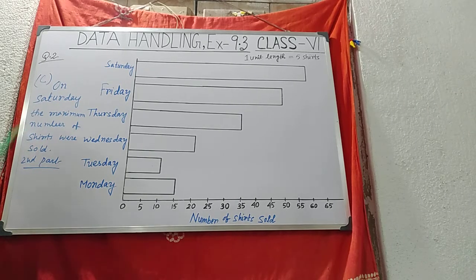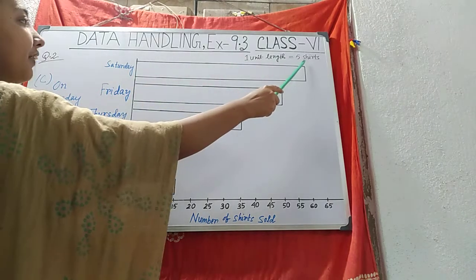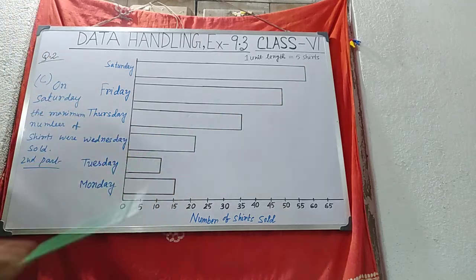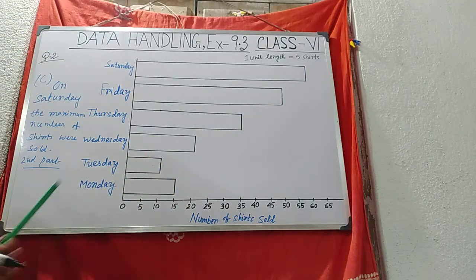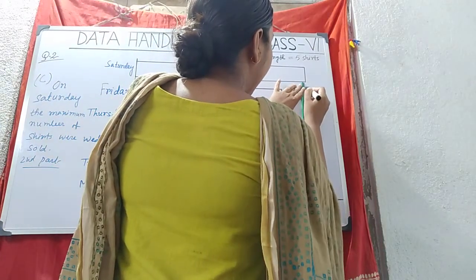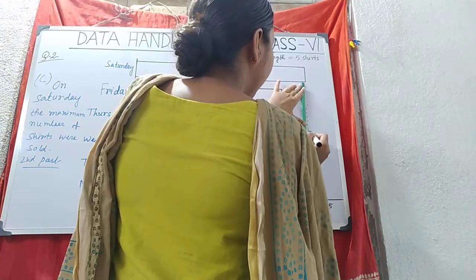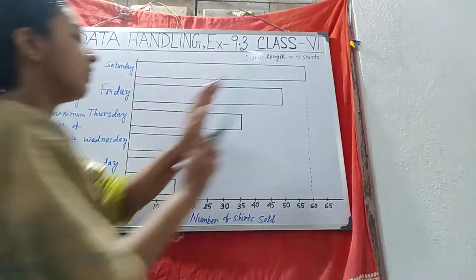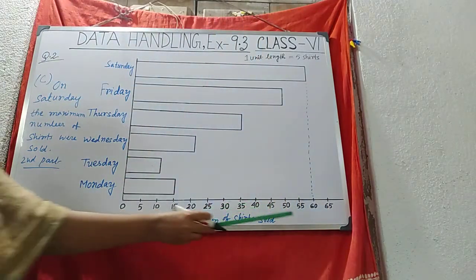So on Saturday the bar graph reaches here. In this way we can draw a dotted line which touches exactly at 60.